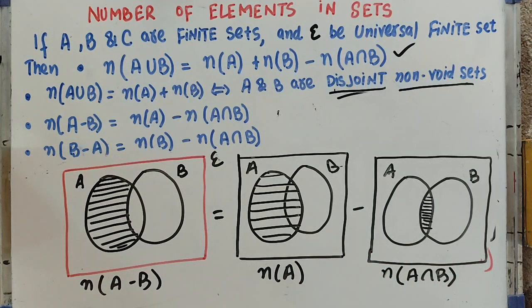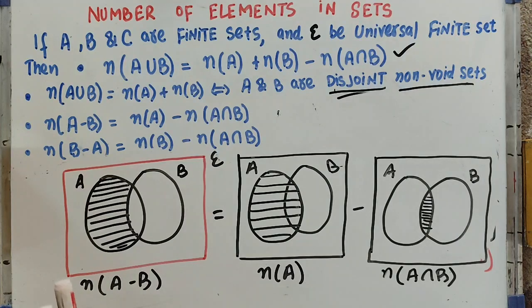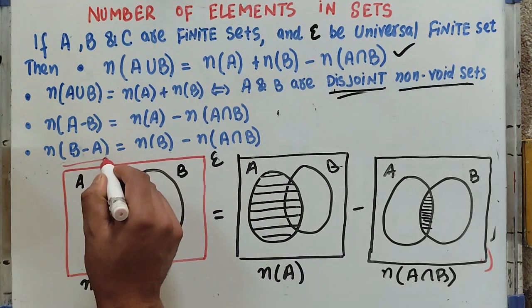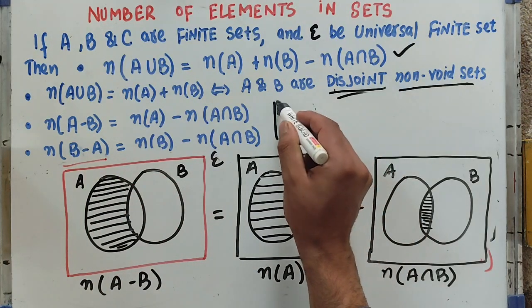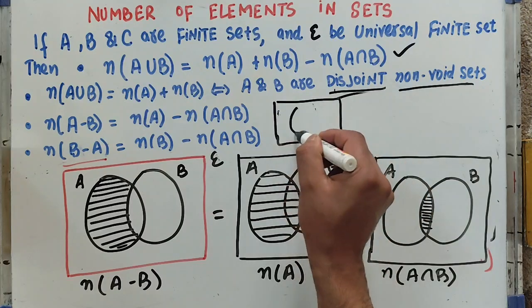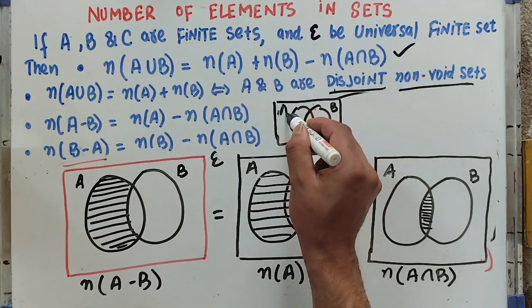Okay, likewise, if I take this white region in consideration, you can find out B minus A by the same logic. I will not show it here, it is very simple. So we have set A, set B, and this time we have B minus A to do.